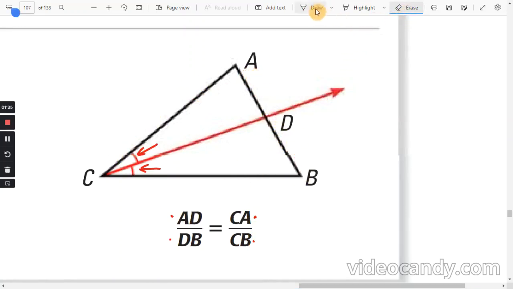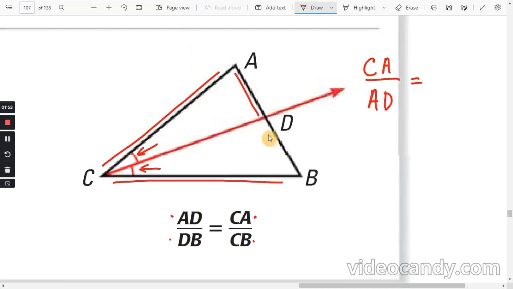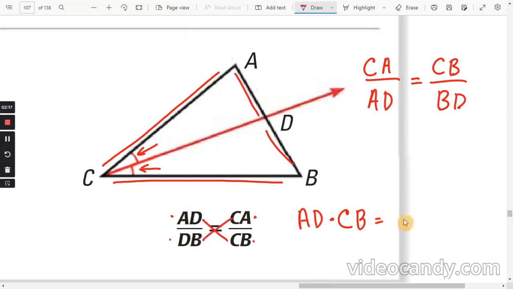The way I like to remember it is more along the lines of this divided by that, so that's going to be CA over AD. And that's going to equal this divided by that, so that's going to be CB over BD. So I like to remember it that way instead. And just to prove to you it's the same, cross multiply: AD times CB is going to equal DB times CA.